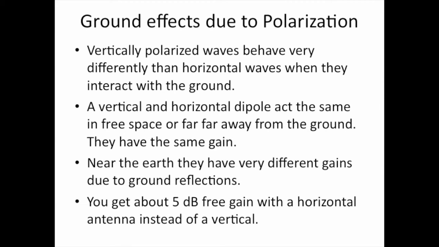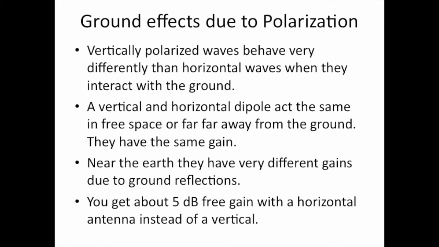Now we want to talk about ground effects due to polarization. Vertically polarized waves behave very differently than horizontal waves when they interact with the ground. A vertical and horizontal dipole act the same in free space, or far, far away from the ground. They have the same gain. But near the Earth, they have very different gains due to ground reflections.